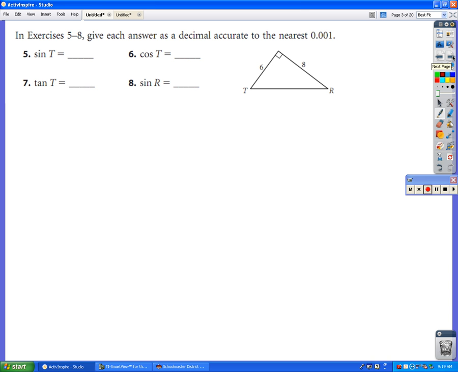It says, now we actually want a decimal answer here, but we're still using the same idea. So we're going to start out by trying to figure out the sine of t, but sine is opposite, which is 8, divided by the hypotenuse, which we don't know.